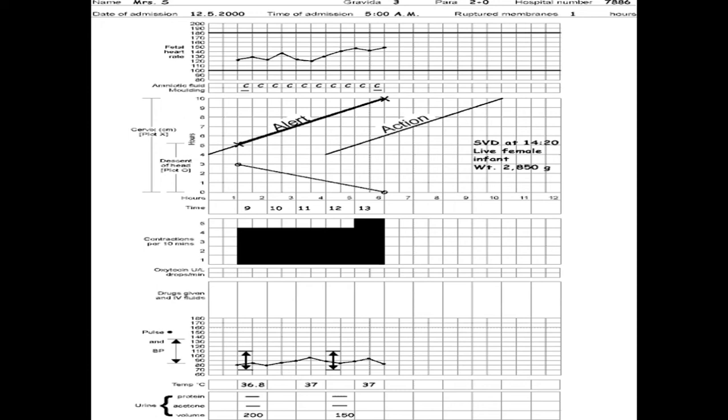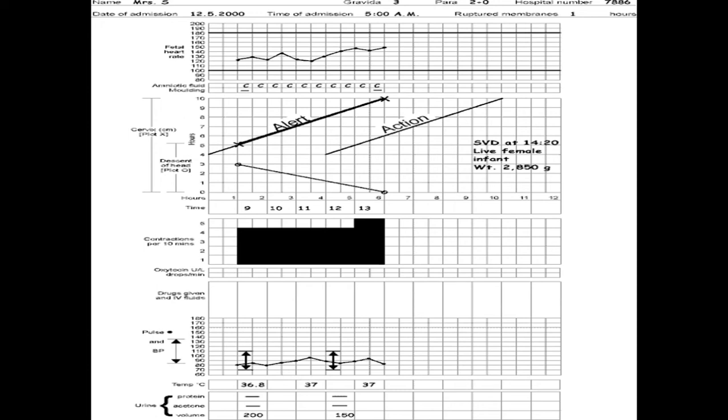We have two definitions which are important: management of normal labor and active management of labor. Management of normal labor is just a follow-up of the progress without any interference from the physician.